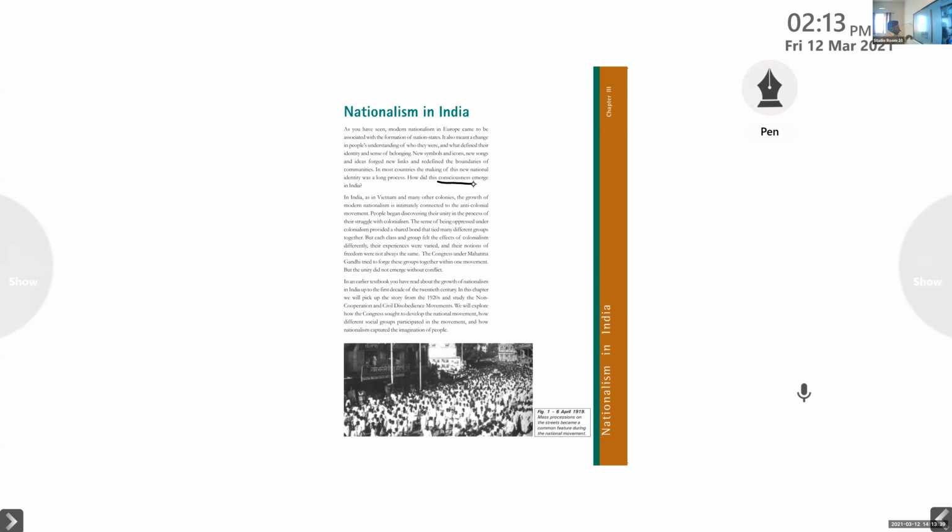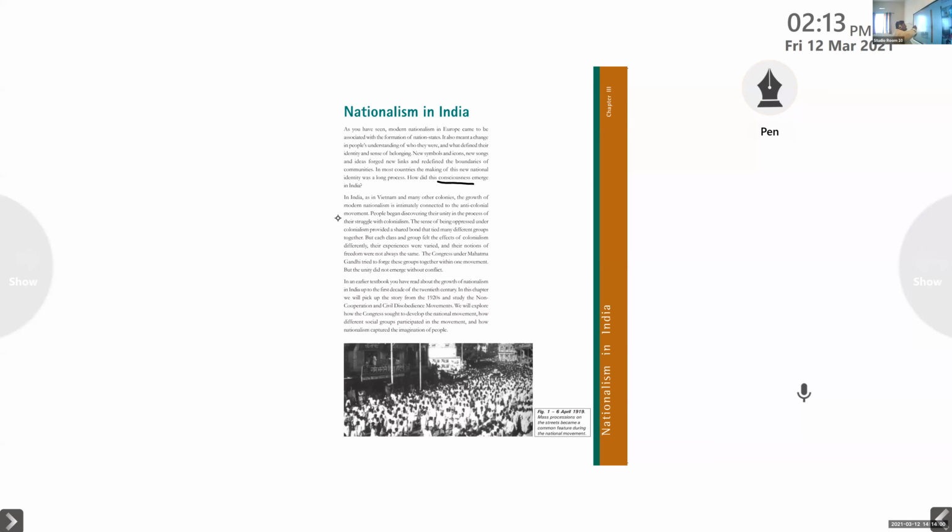In this chapter, we are discussing how Indians united and how the national state called India was formed or forged. In India, as in Vietnam and many other colonies, the growth of modern nationalism is intimately connected to the anti-colonial movement.